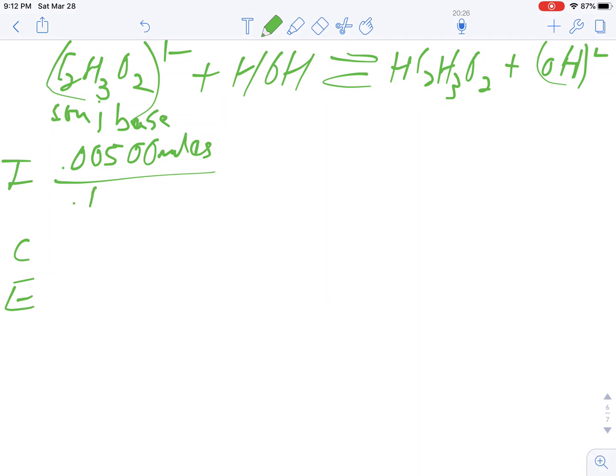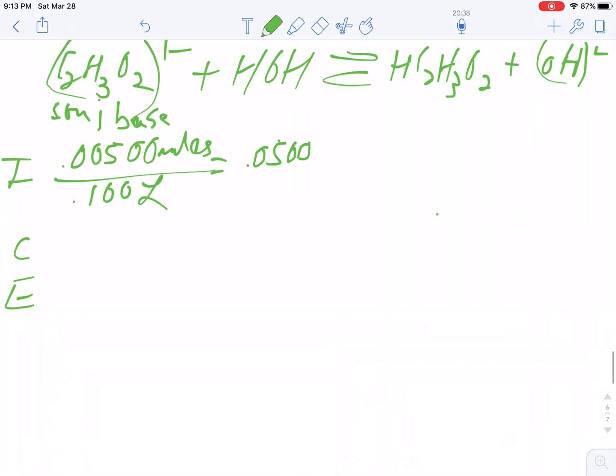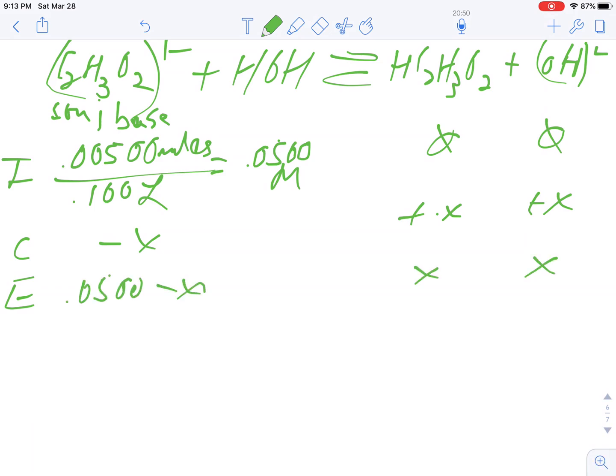So we're going to divide by 100 milliliters, and so my molarity is 0.0500 molar. All right? 0 of this, 0 of this, shift right, shift right, shift right, 0.0500 molar minus x, x, x.